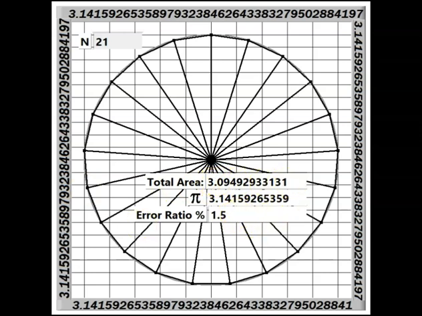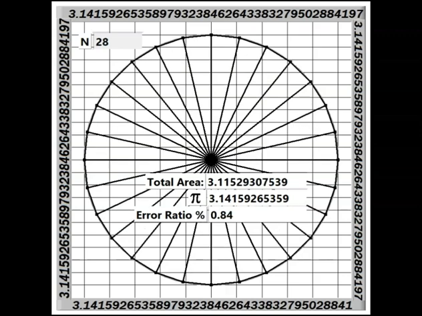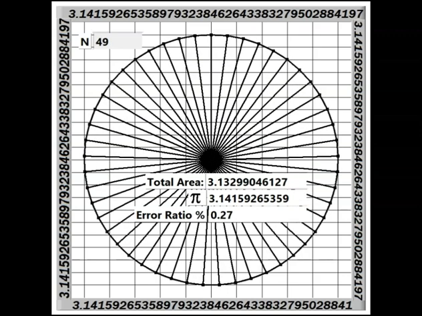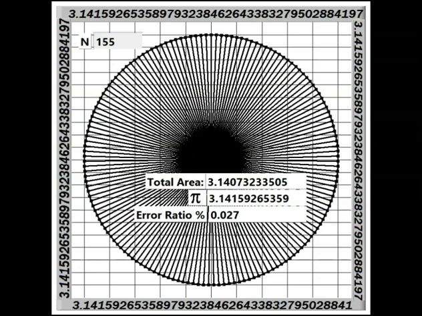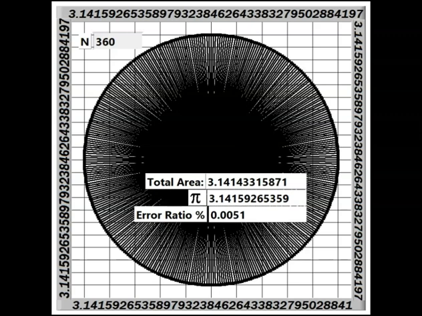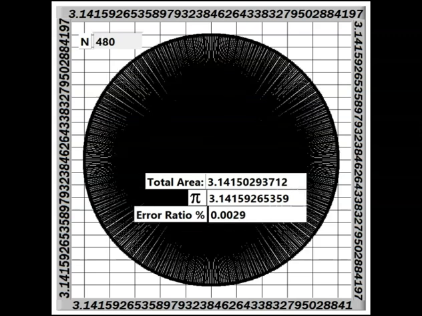We're down to 1.5% error. And as I increase to 116 or so, 155, set it to 360 so that there is a polygon for every degree in the circle. And now we're seeing that we're getting significantly closer to our right answer.